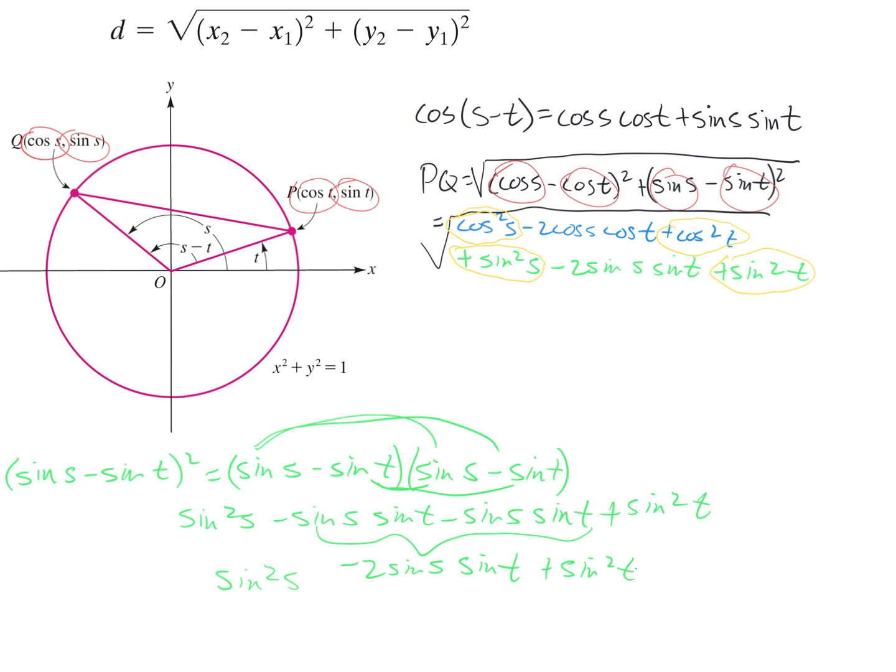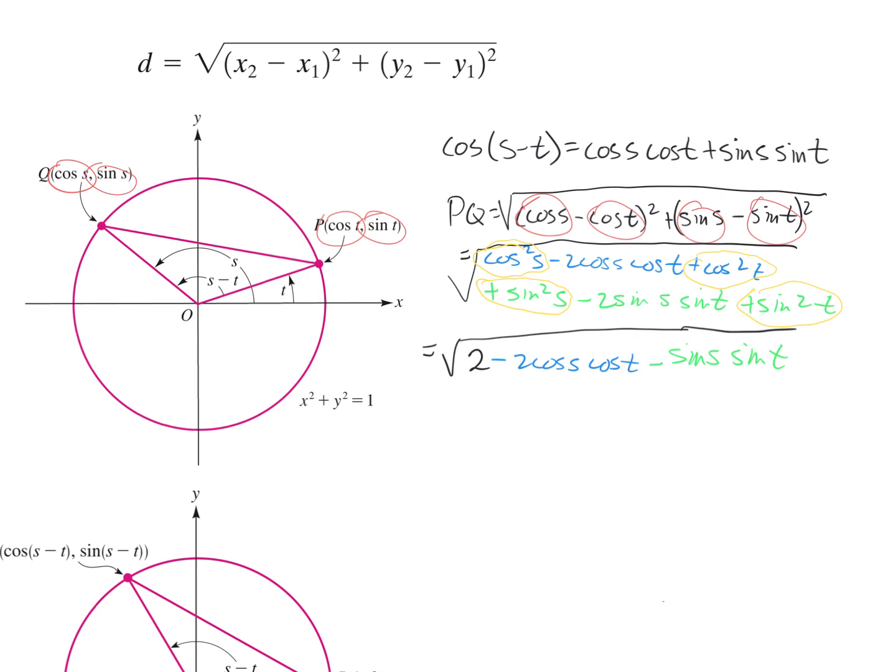So we can now have equals a nice big square root, and both of those equal 2. And then, of course, we have the minus 2 cosine s cosine t, and the other minus 2 sine s sine t. And we've got that now.